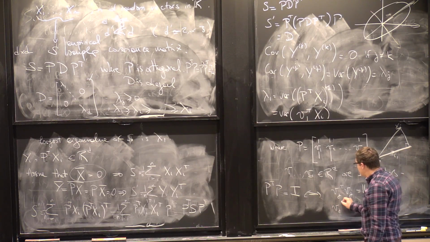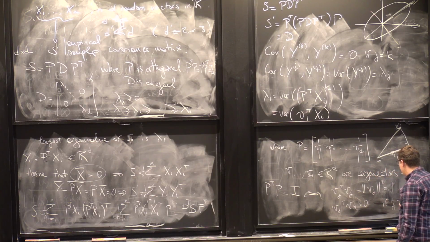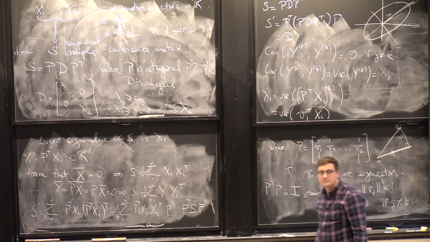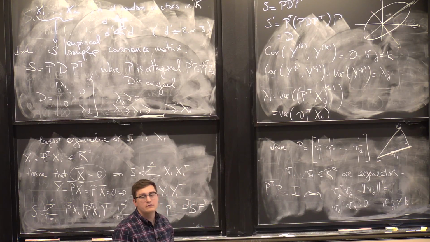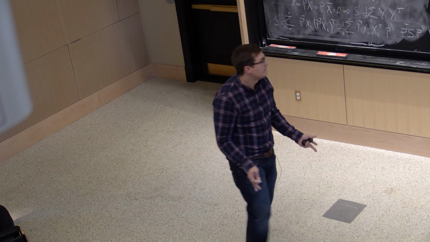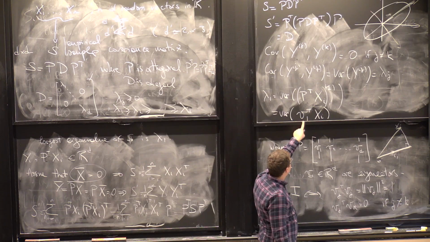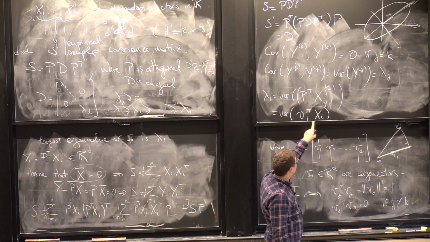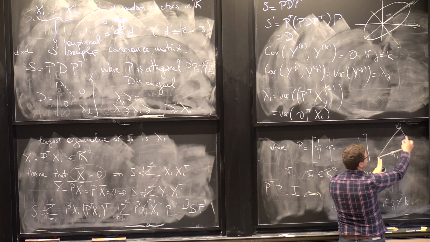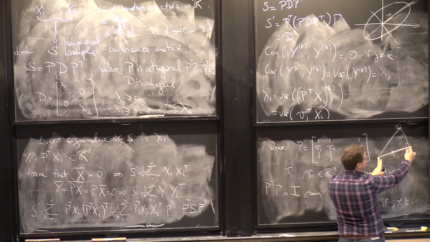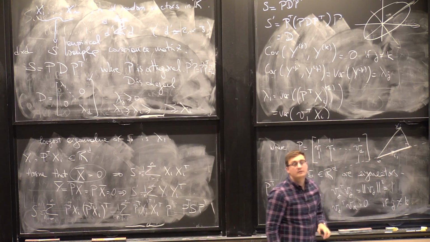And Vj transpose Vk is equal to 0 if j is different from k. The eigenvectors are orthogonal to each other, and they're all of norm 1. So now I know that this is indeed a direction, and when I look at v1 transpose xi, I'm really measuring exactly this length, the length of the projection of xi onto this line, the line that's spanned by v1.